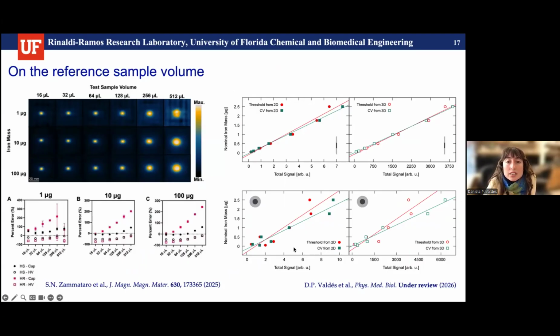And then the same thing for the cavity, which is 65 microliters. And then, of course, you'll have a calibration curve for threshold, a calibration curve for the constant volume, for each type of image and each type of sample.